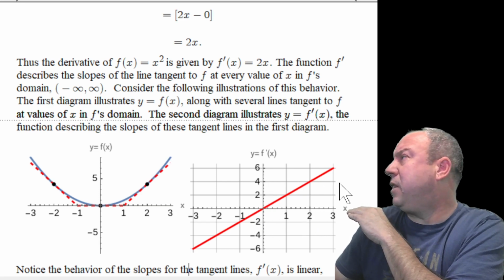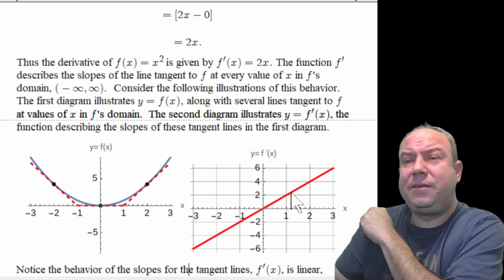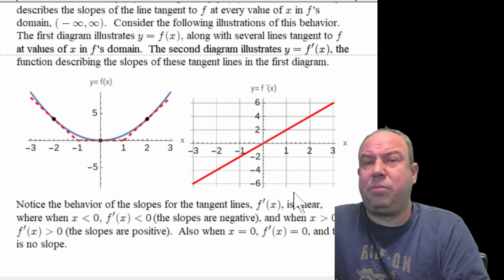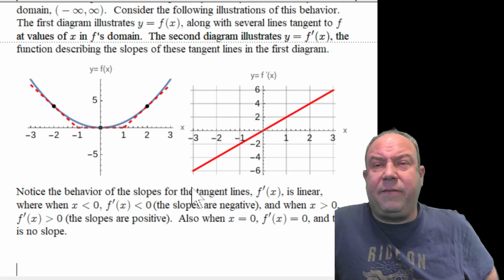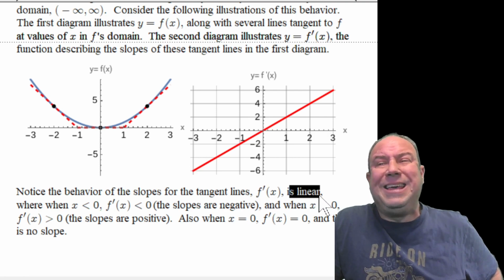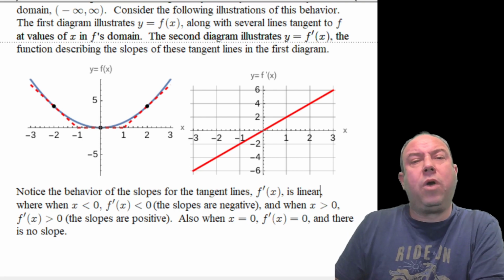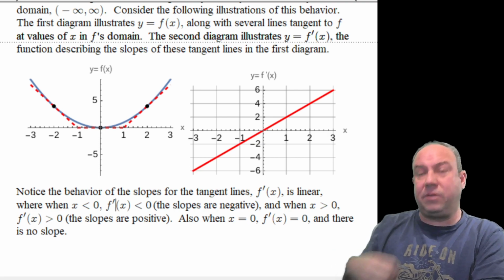And that is all that's being illustrated on the graph here for the function 2x. This is summarized below. Notice the behavior of the slopes for the tangent lines, f prime of x, is linear. When x is less than 0, f prime of x will be less than 0 and the slopes will be negative.